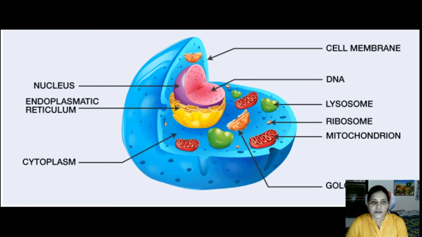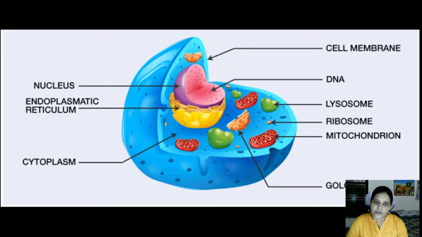Third, another important organelle that is found attached to the nucleus is the endoplasmic reticulum. Endoplasmic reticulum consists of different types of structures: cisternae, tubules and vesicles. Then you can see a structure in red color, that is the mitochondrion.